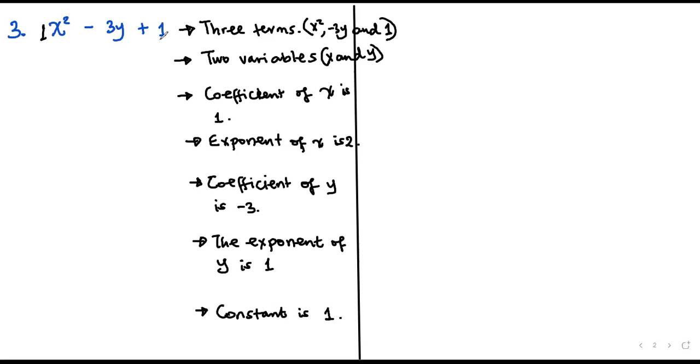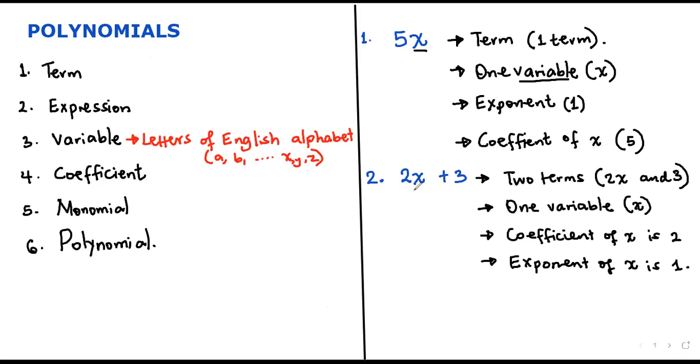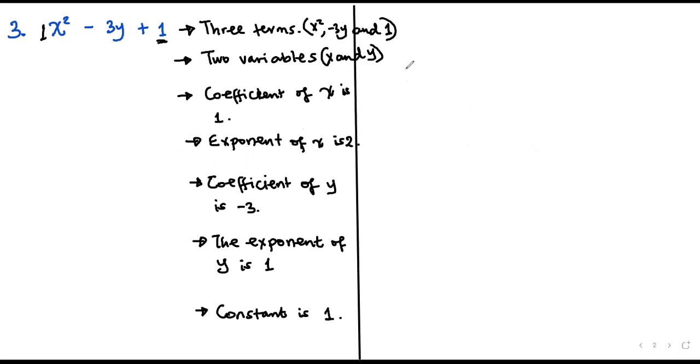For example, this 1. So 1 has no variable. It is not multiplied by any variable. It is not multiplied by any number. So that is what we call the constant. But if, for instance, in number 2, if we have 2x, this 2 will be called the coefficient of x. But now this 3 is the constant in this expression.